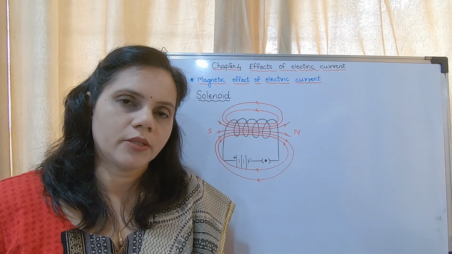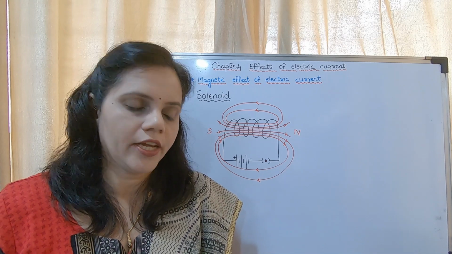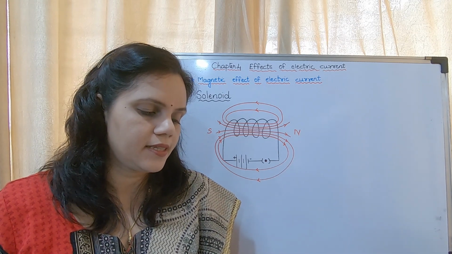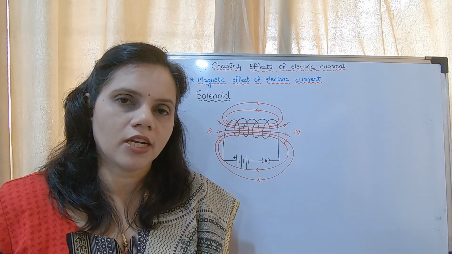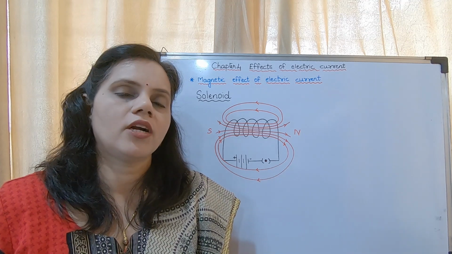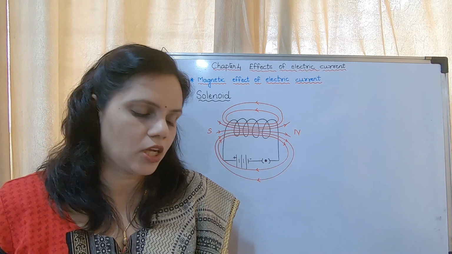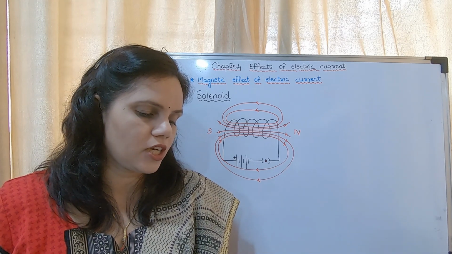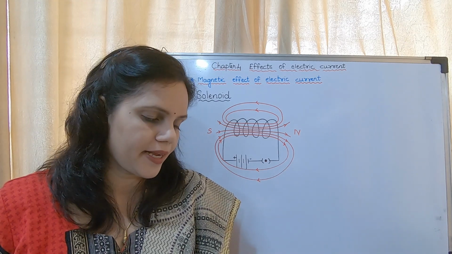What are the questions? What is meant by a solenoid? When a copper wire with a resistive coating is wound in a chain of loops, it is called a solenoid. The next question, what are the properties of magnetic field produced by a solenoid? The properties of the magnetic field of a solenoid are very similar to the magnetic field of a bar magnet.